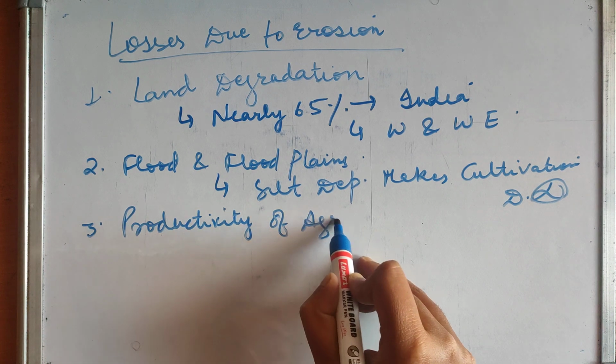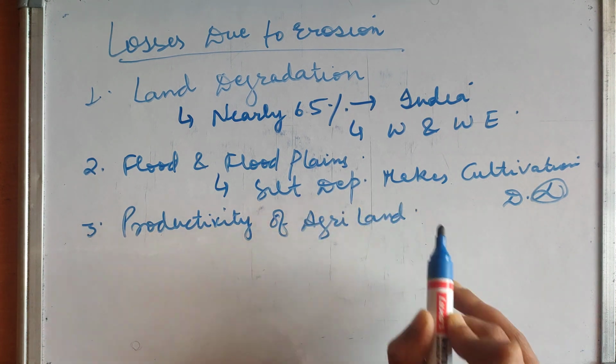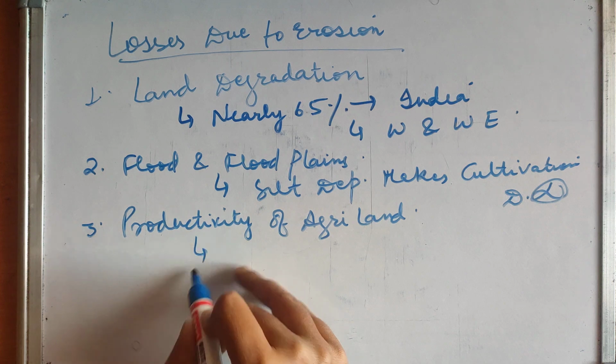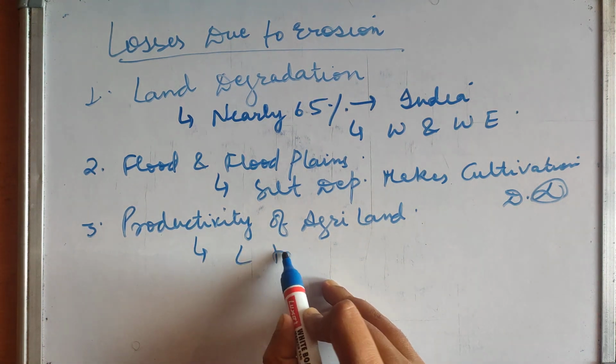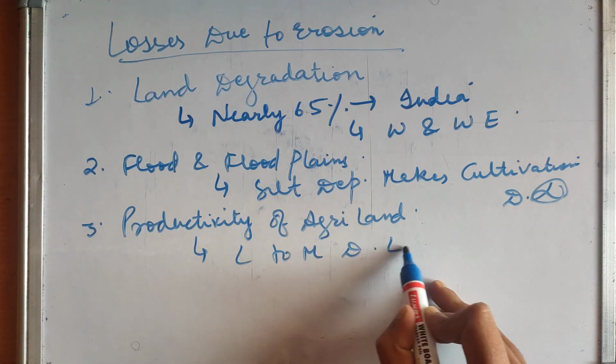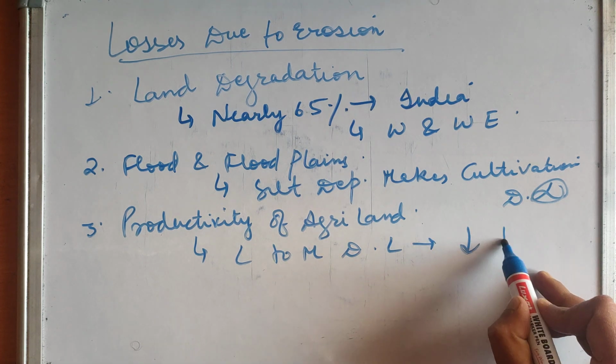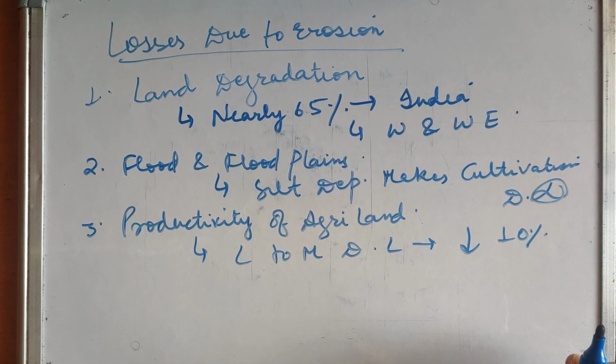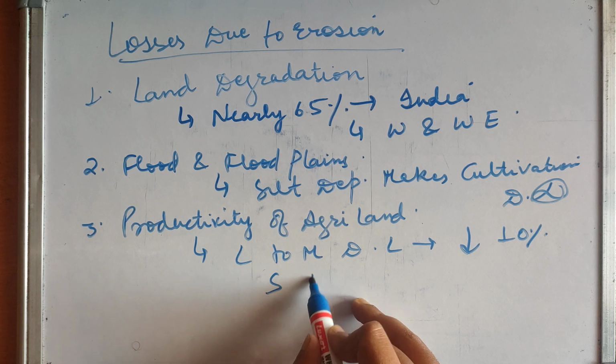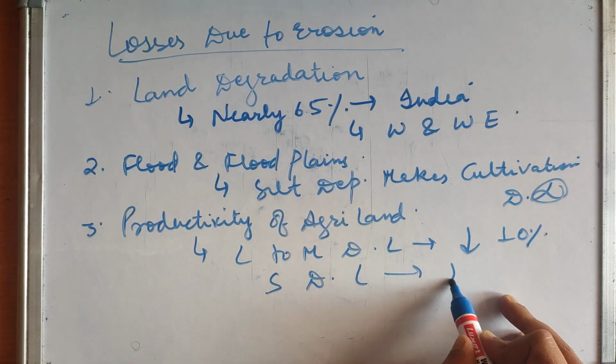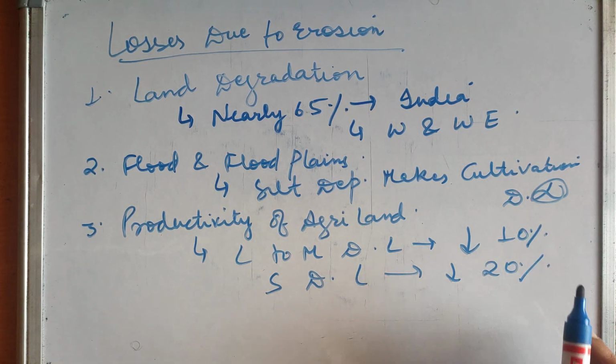Light to medium degraded lands decrease the yield by 10%, and strongly degraded lands decrease the yield by 20%.